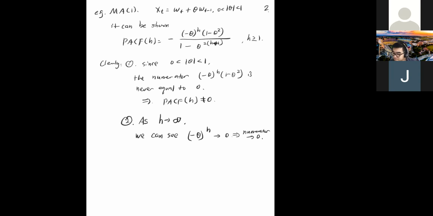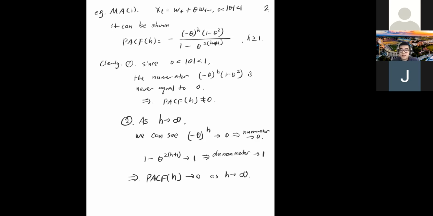Okay. And 1 minus theta squared to the power 2 times h plus 1 goes to 1. So that implies the denominator goes to 1 as h goes to infinity. Okay. And combining the numerator results and the denominator results, we can say that the PACF goes to 0 as h goes to infinity. Okay.